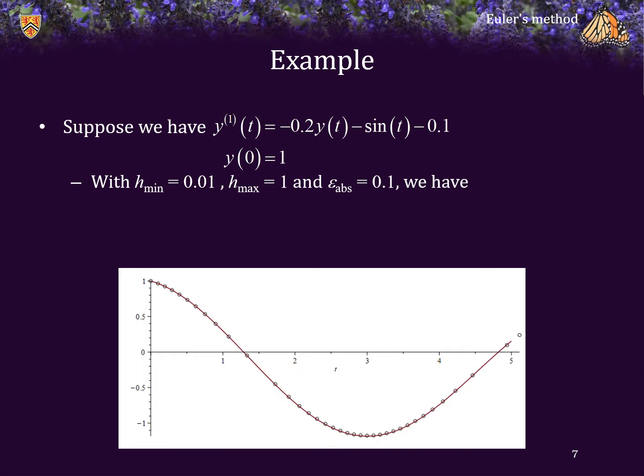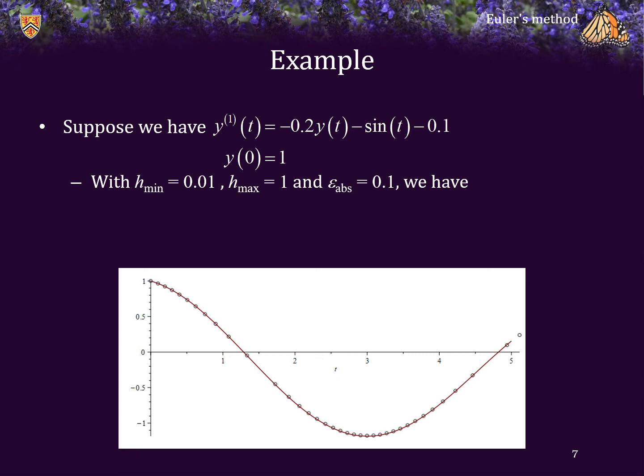Here's the output. Notice that wherever the function is reasonably flat, the h size becomes very large, but where the function starts to curve, the h size gets much smaller.